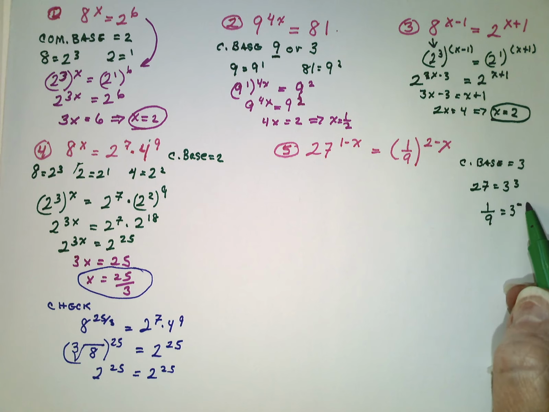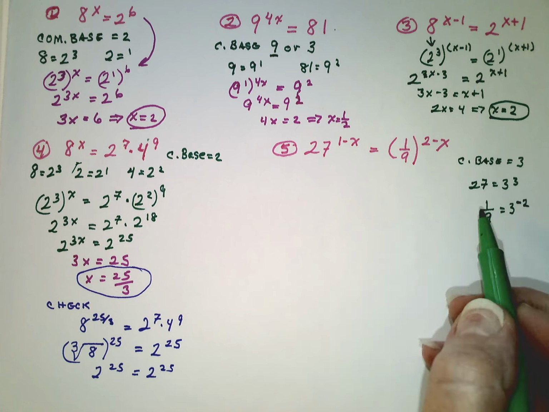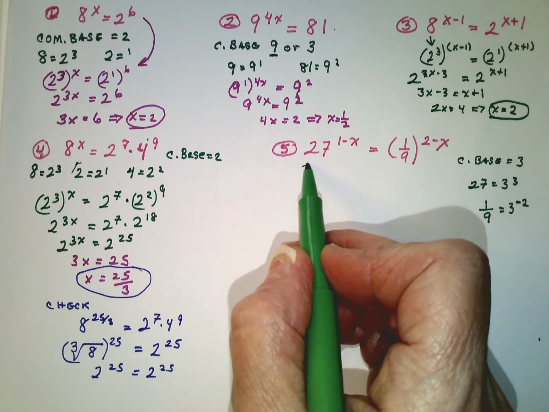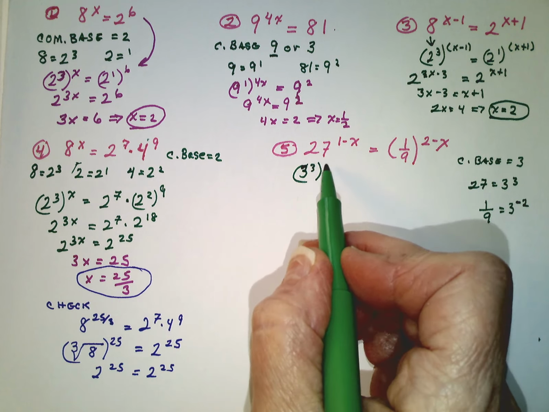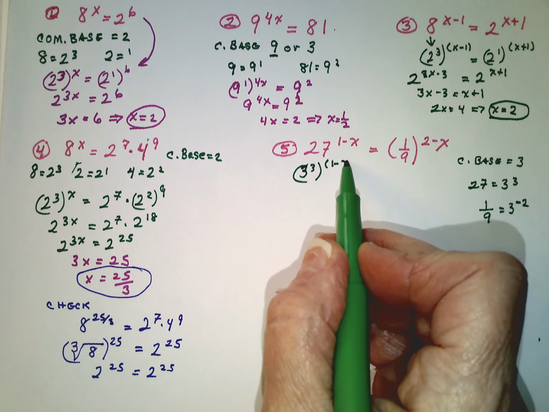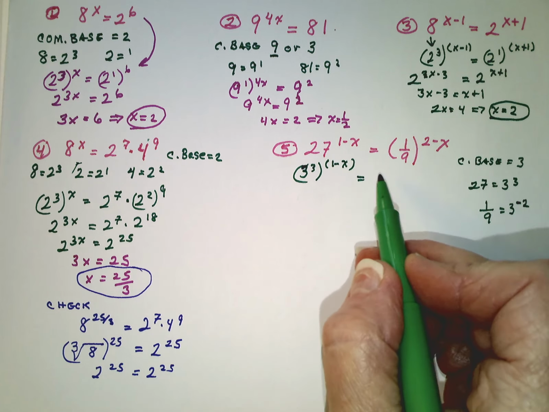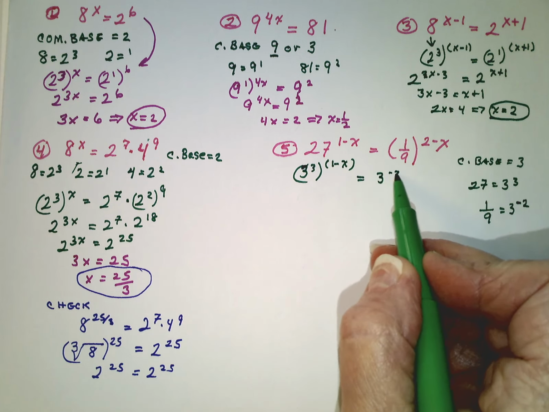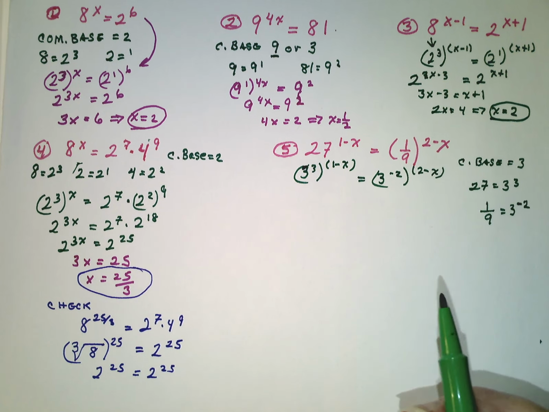So this is actually going to be 3 to the negative 2. And we just do the substitution again. Replace the 27 with 3 to the third, and that's being raised to the 1 minus x. Replace the 1/9 with 3 to the negative 2, which is being raised to the 2 minus x.